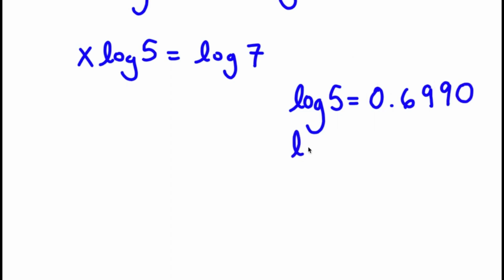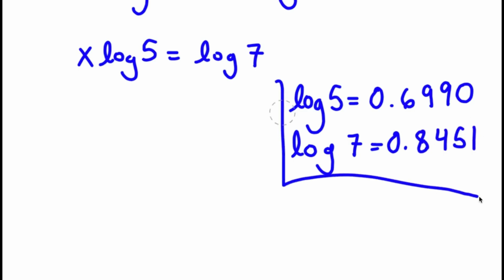And log 7 is equal to 0.8451. So these are my two values for log 5 and log 7.